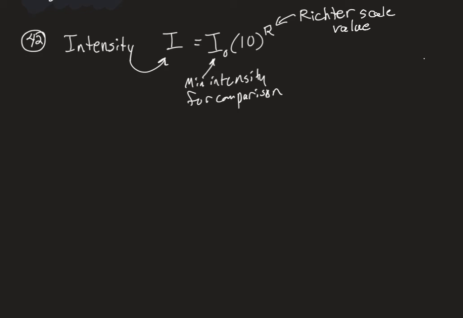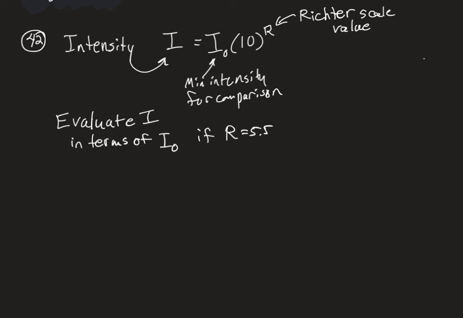Anyways, the problem in your book asks you to evaluate I in terms of I sub 0 if R equals 5.5. So we've been given a value for R. So let's rewrite the equation with that value inserted for R. And then we can at least evaluate part of this on a calculator.